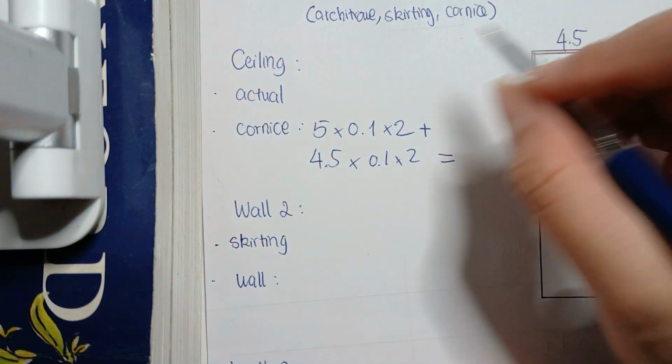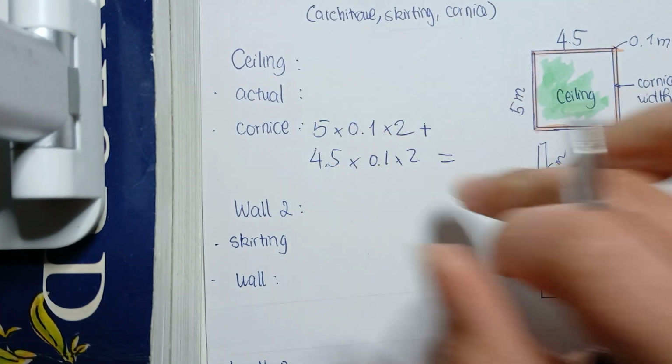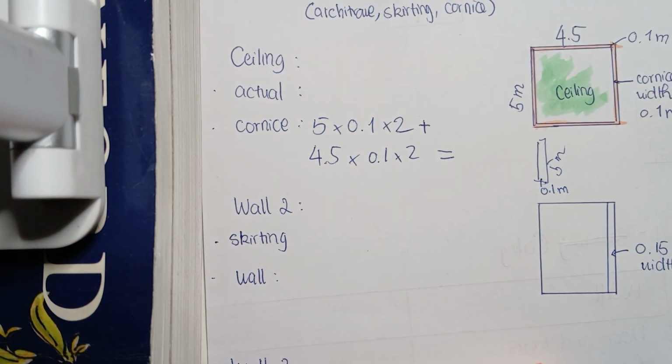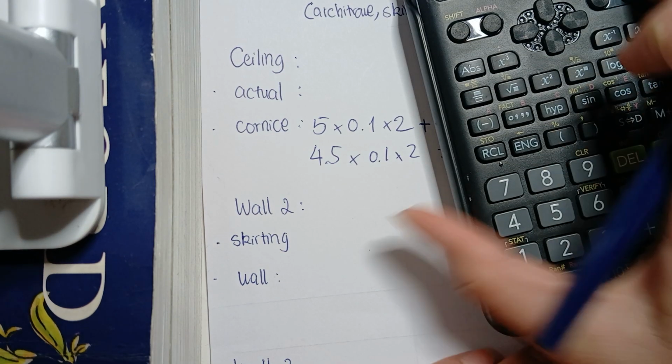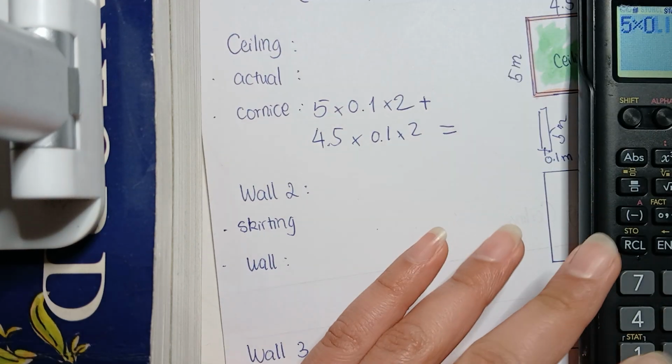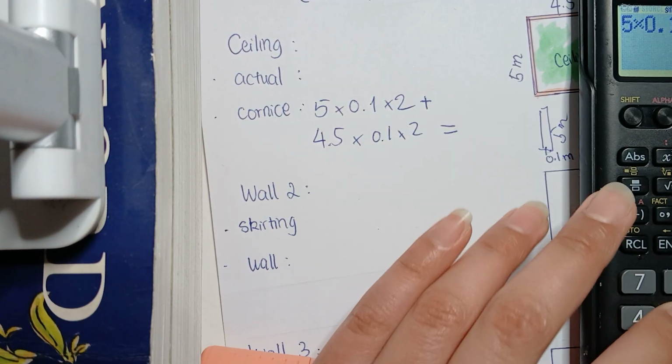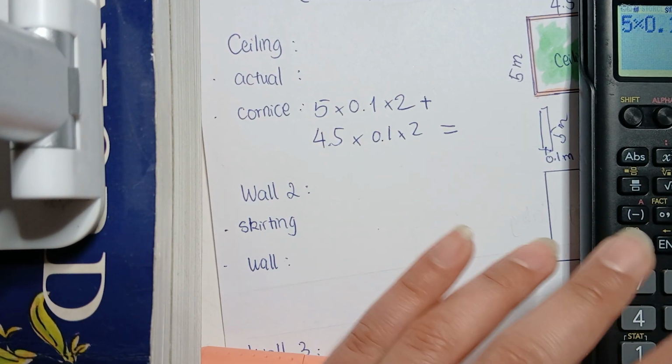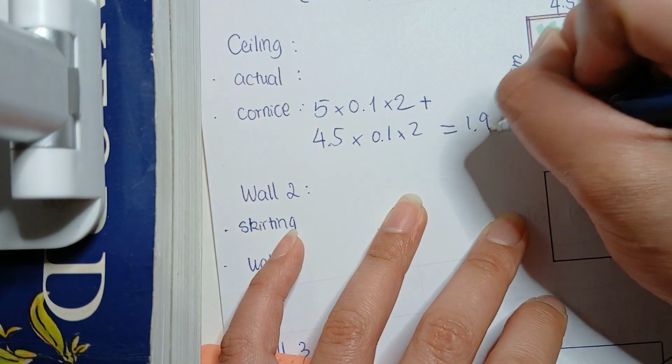So the orange area would be equal to, give me 1 second, I need to get my calculator. All right, there you go. So 5 times 0.1 times 2 plus 4.5 times 0.1 times 2 gives 1.9 meter square.